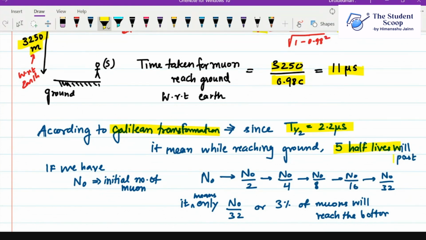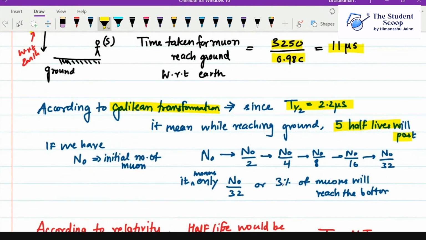The number changes from N0 to N0 by 2 in the first half-life, and after five, N0 by 32. So only 3% of the muons should reach the bottom according to the Newtonian or Galilean transformations.